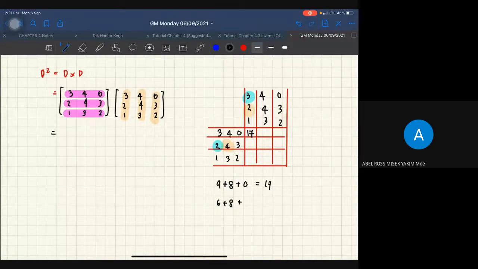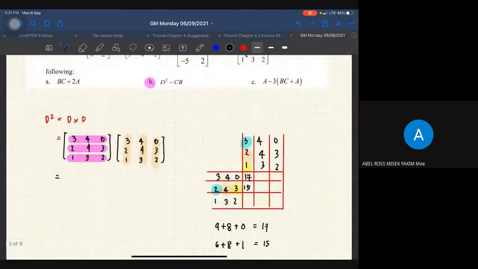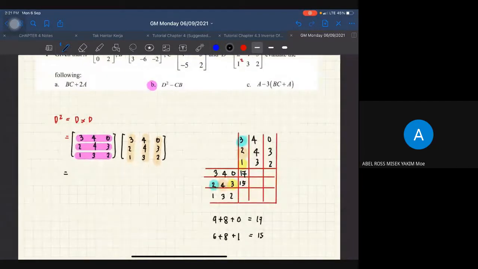Okay, and then plus with, lastly we have 3 times 1 which is 3. Okay, so awak akan dapat 6 tambah 8, 14. 14 tambah 3, 17. Dan buat sampai siap semua tu. Okay, so apa jawapan awak kat sini? Can someone tell me the final answer for this one?